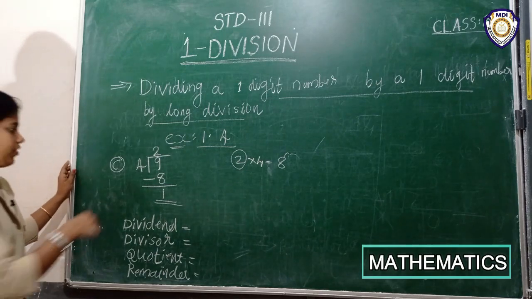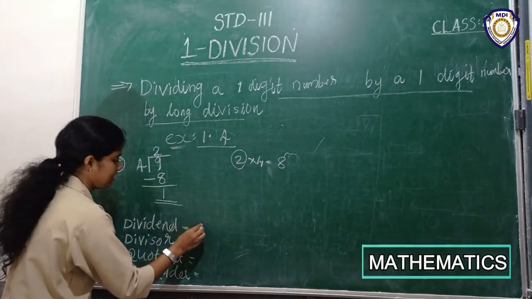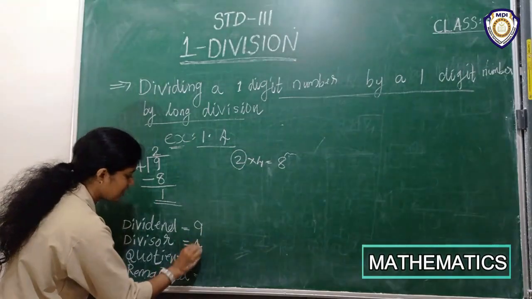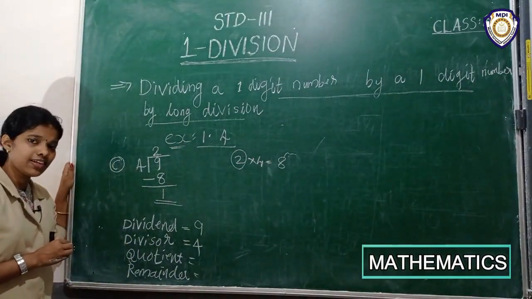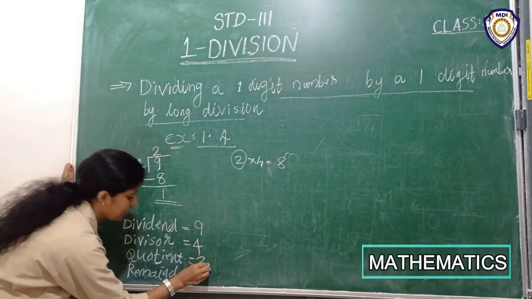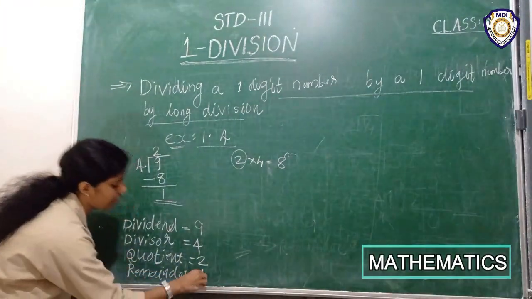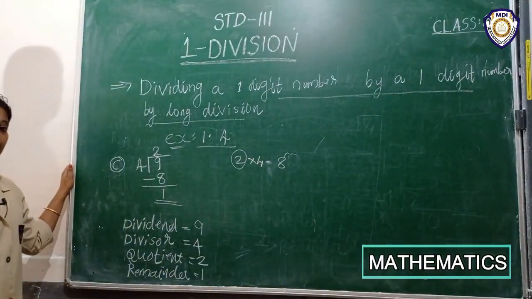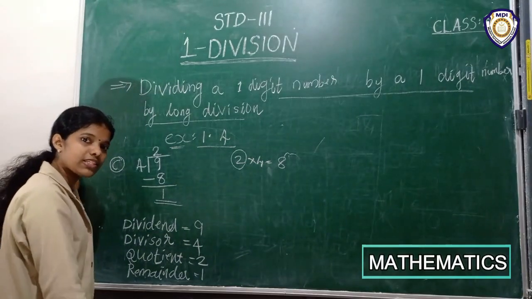Write it. Here the dividend is 9, the divisor is 4, the quotient is 2, and the remainder is 1. How many persons got the answer? Please raise your hands.